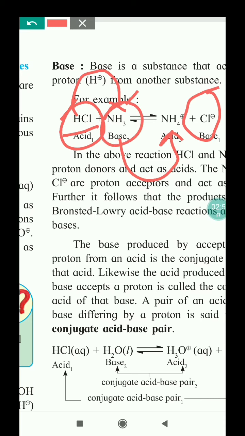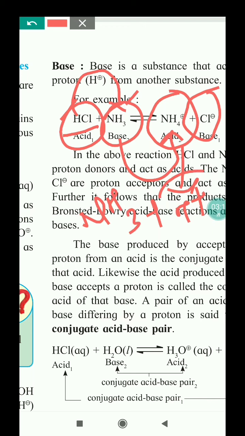Ammonia is a proton acceptor, called a Lowry-Bronsted base. On the product side, ammonia accepts a proton to form the ammonium ion. Now this ammonium ion is ready to donate a proton and form NH3 again. This is a proton donor, so it is the conjugate acid of the given base, that is, the conjugate acid of ammonia.